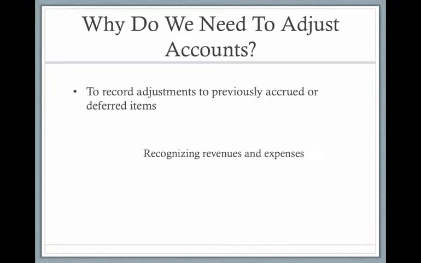For instance, if we had office supplies, we may have a balance in our office supplies account because we've purchased office supplies over the period, but we don't know how much we actually have until the end of the period, where we physically count what's in the office supplies, and so we have to adjust our accounting records to reflect what is actually present in our office for our office supplies. So we would have to make an adjusting journal entry.